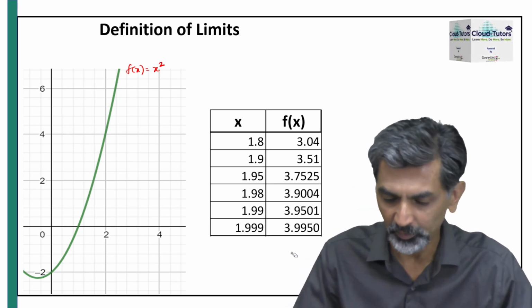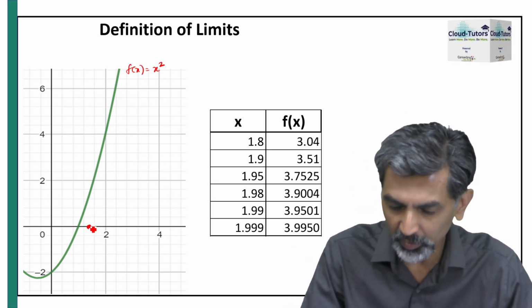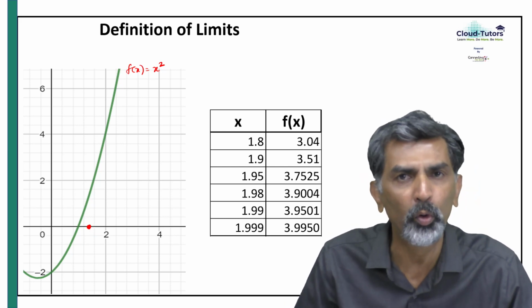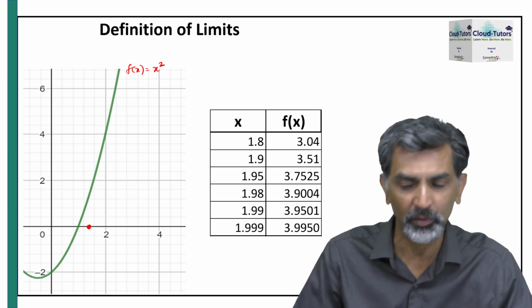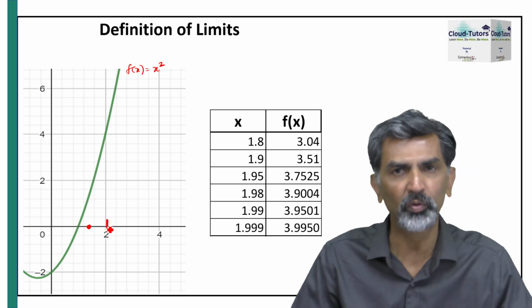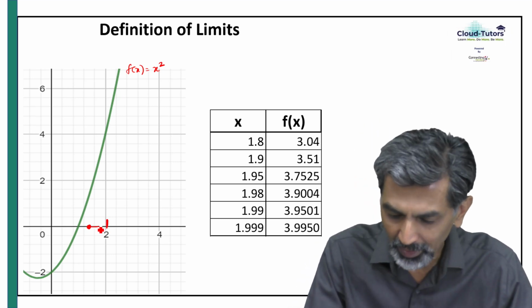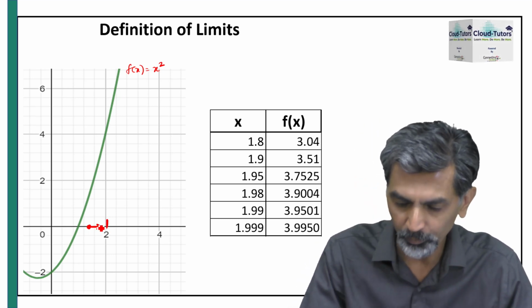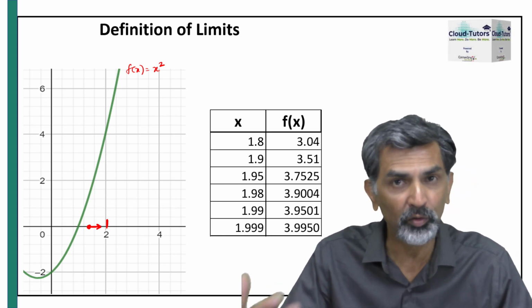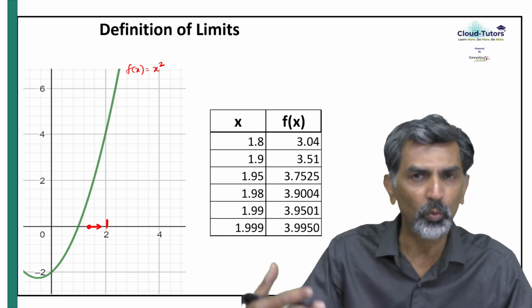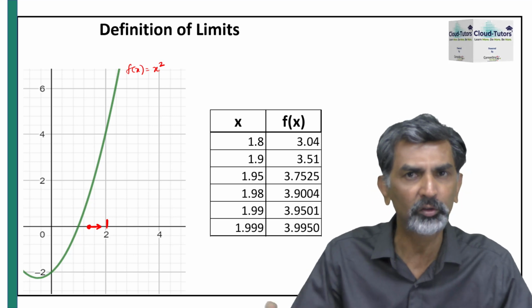The point is, as we start from somewhere here, we started with x is equal to 1.8. We started to the left of x is equal to 2. And as x approached 2, we went in steps from 1.8 to 1.9, then to 1.95, and so on.